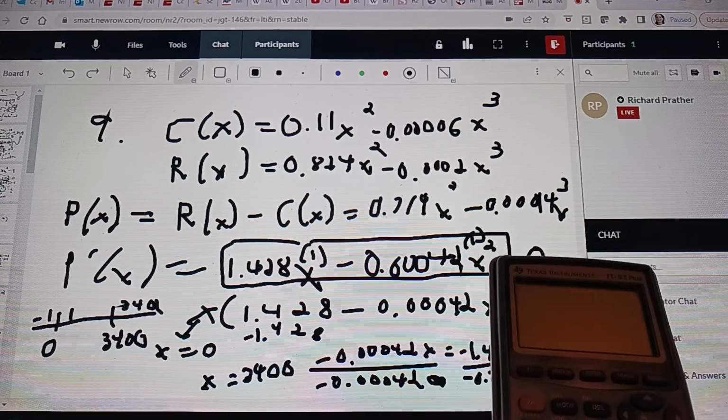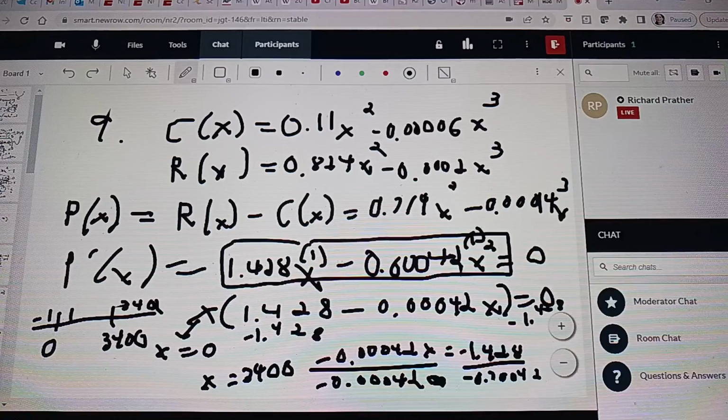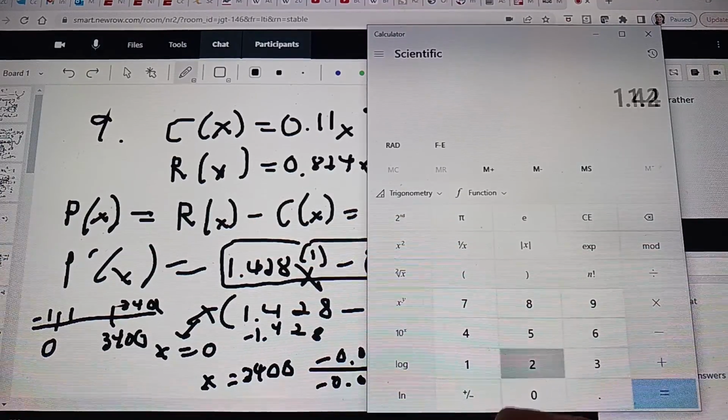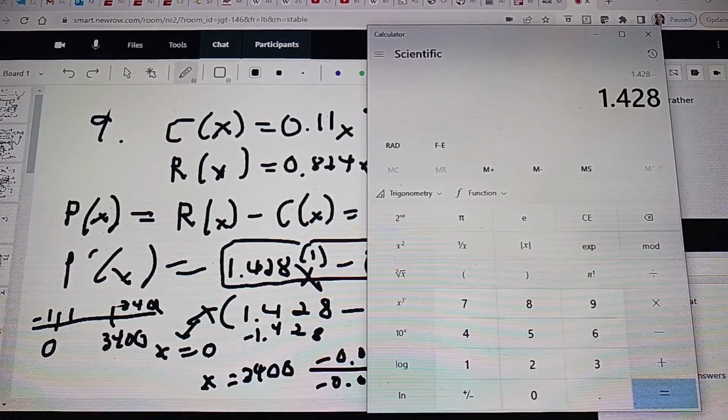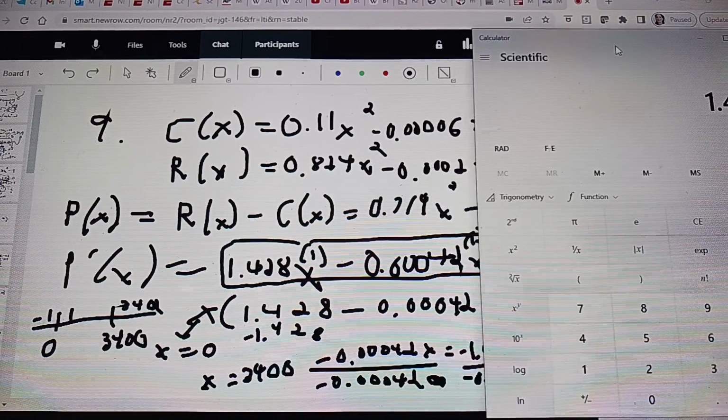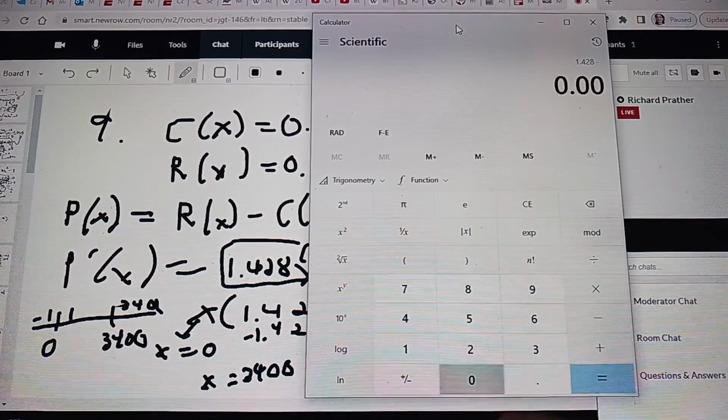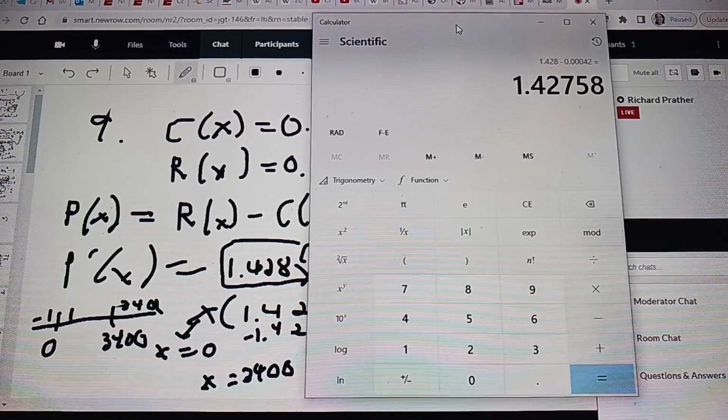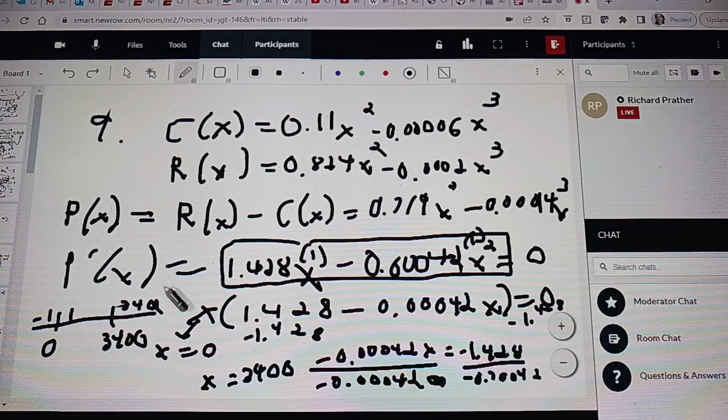So it's just going to be 1.428 minus 0.00042. And again, you don't care what the answer equals, it's just all about positives or negatives. When I'm plugging 1 into the derivative function, the derivative is positive. So everywhere I'm between 0 and 3,400, my original graph is going to be increasing, which means profits are increasing.